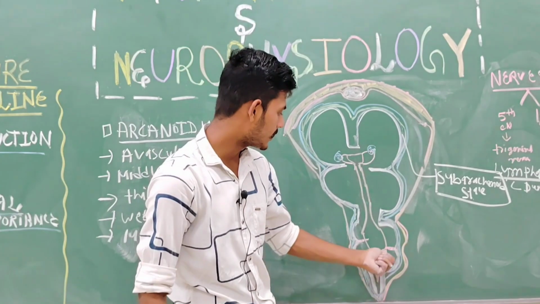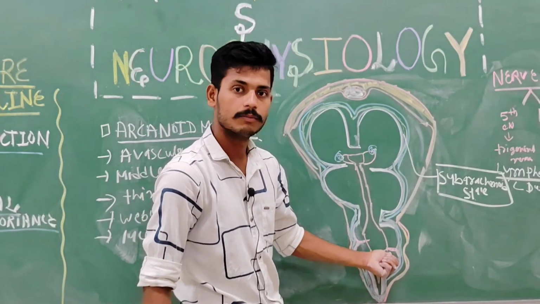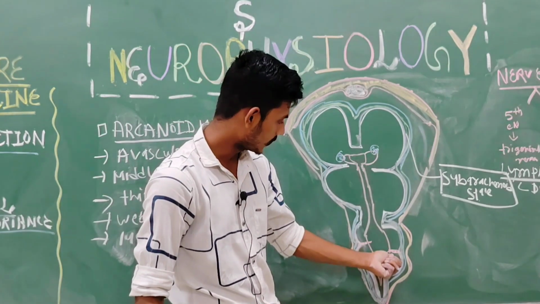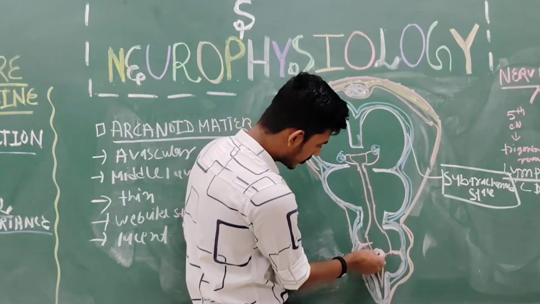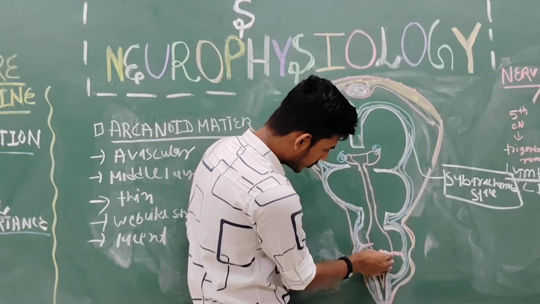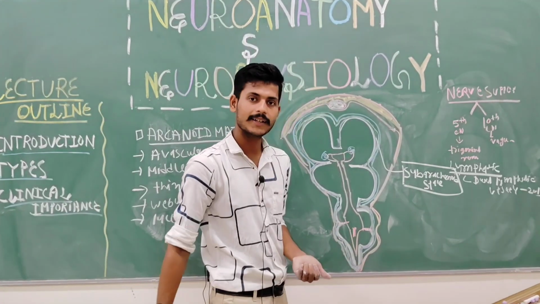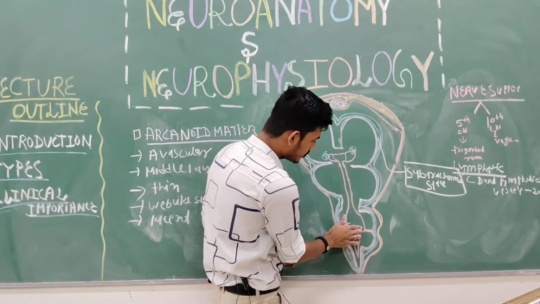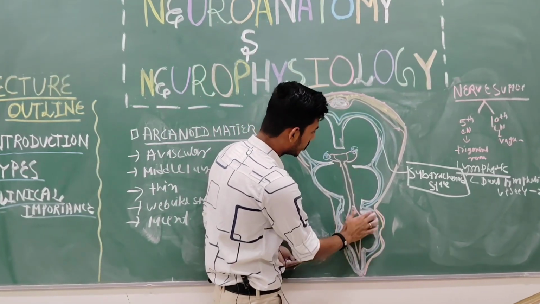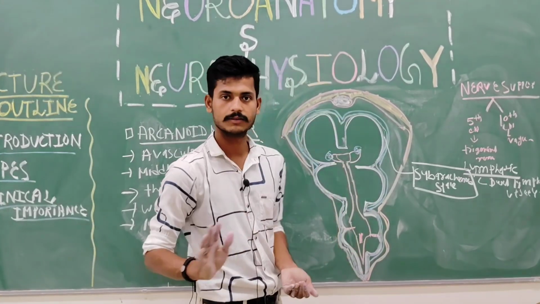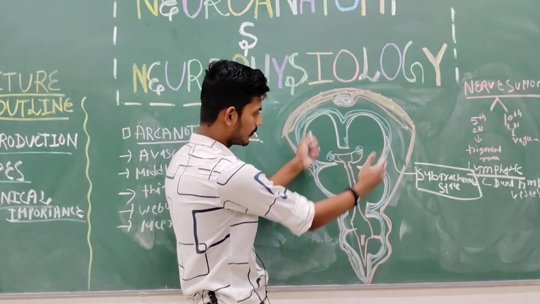We term this window the foramen of Monro, and there is one more, called the foramen of Magendie. Are you understanding it? Through this window, the CSF will come into the subarachnoid space, and continuously it is flowing.